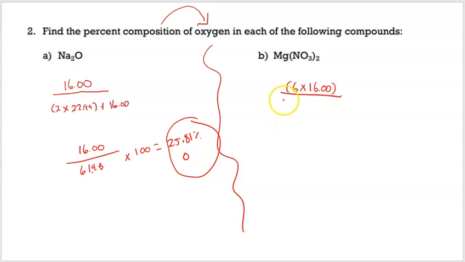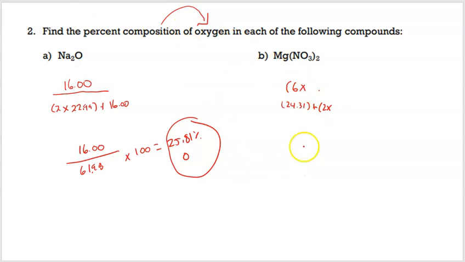So 1 magnesium is 24.31 plus 2 nitrogens, 2 times 14.01, plus and then we'll go our 6 oxygens there, 6 times 16.00.